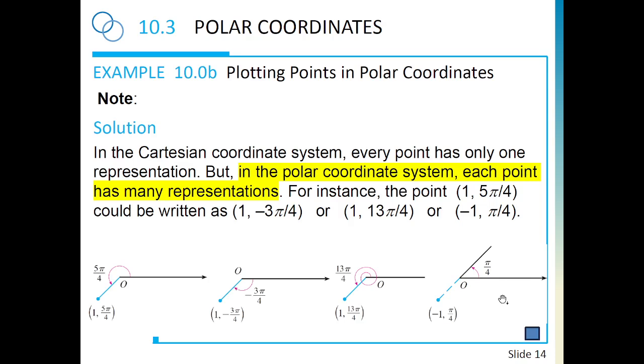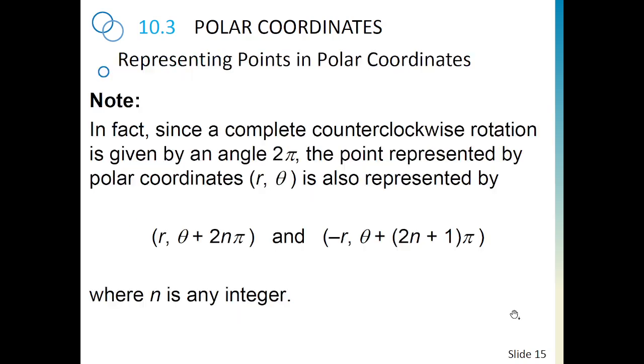We can add 2 pi or subtract 2 pi from the angle and keep the same r, or we can have the minus in front of r and then add or subtract pi from the angle. So that's essentially what is summarized here.